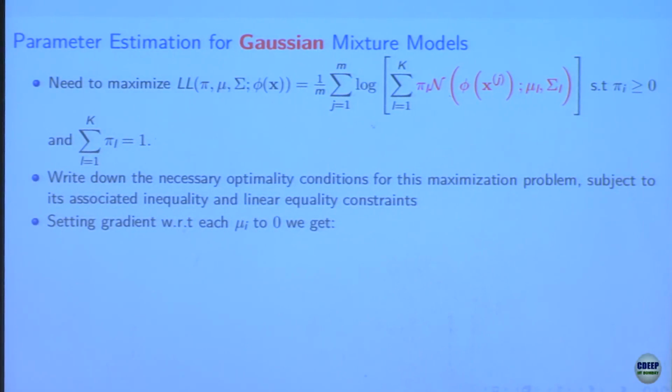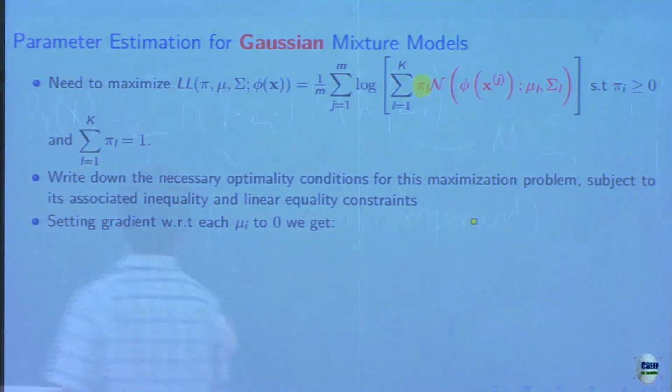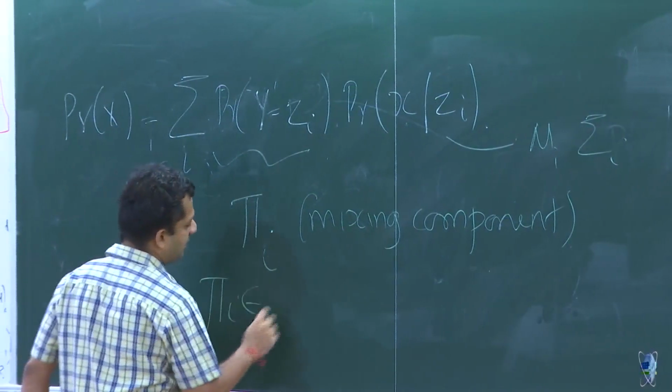So what we will do is, we will say that for this log of summation, the first component, the pi's, are like the alphas. Do the pi's sum to 1? Everything that is essential I have written on the board. The pi's sum to 1 because by design they are mixing components.